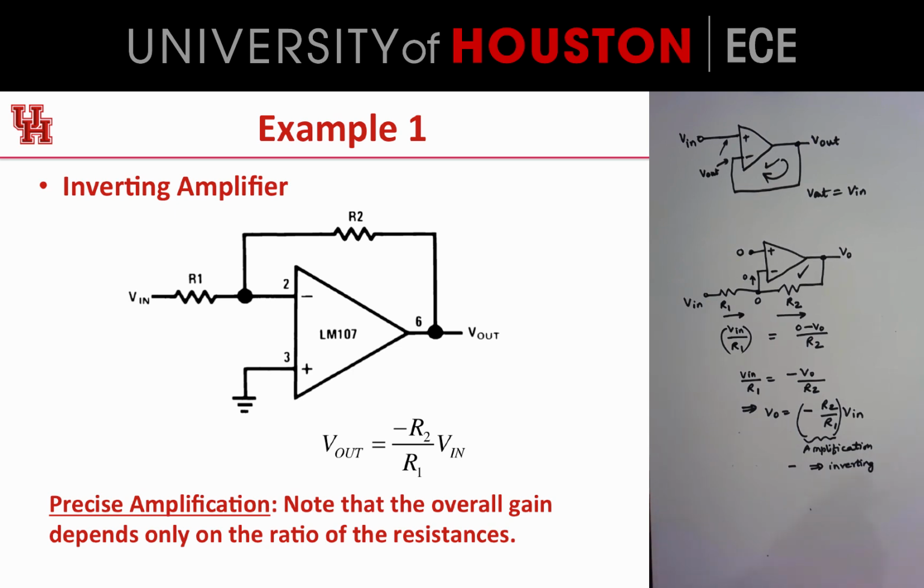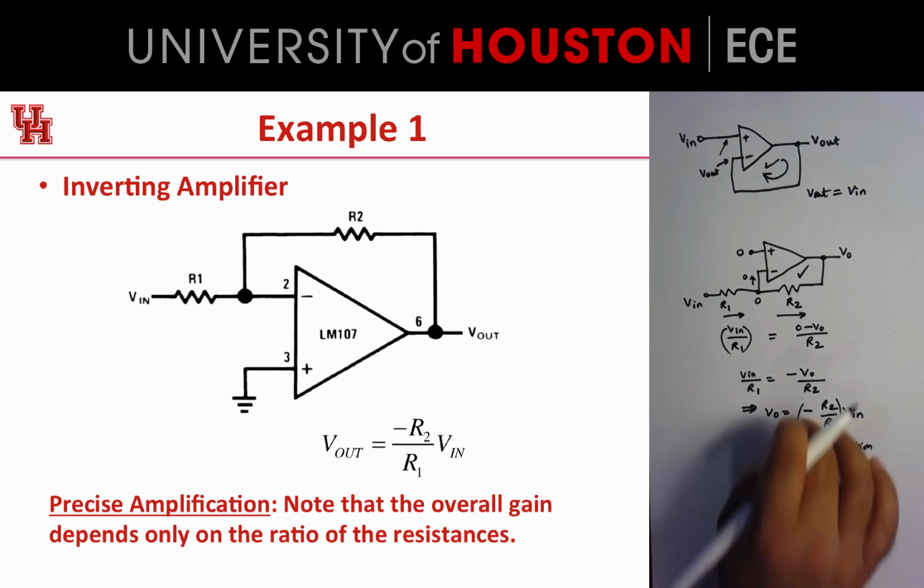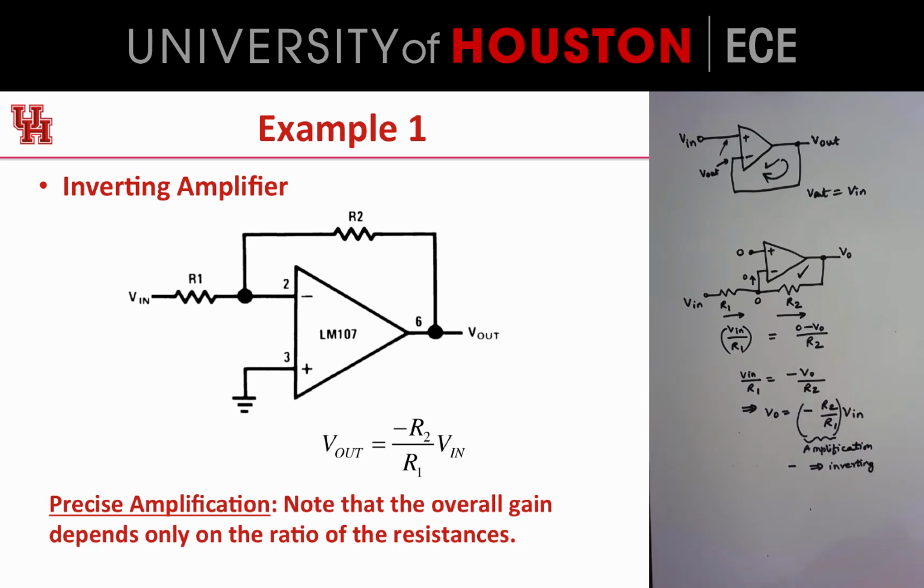Now what's also interesting is that this amplification only depends on the ratio of these two resistors, right? So if this ratio is 2 to 1, then the output voltage will be minus 2 times the input voltage. It doesn't depend on the gain of the op amp itself.